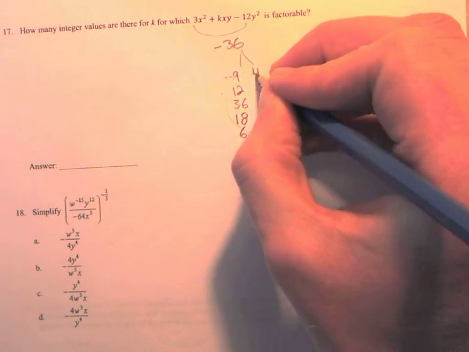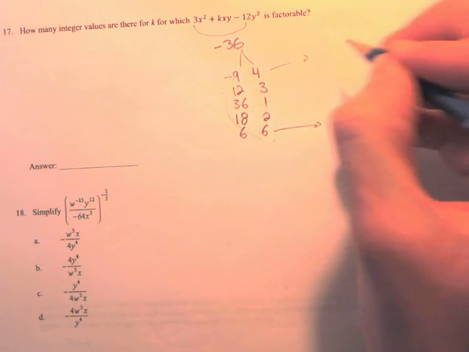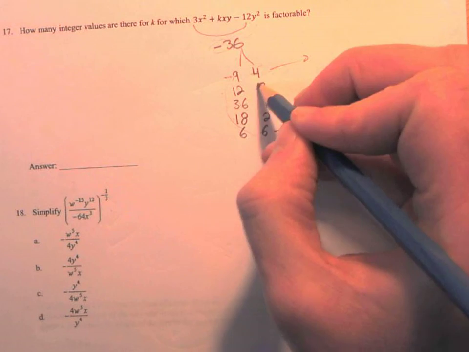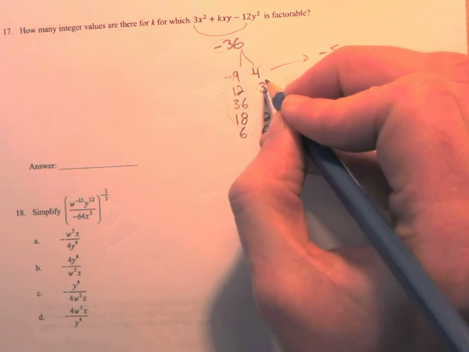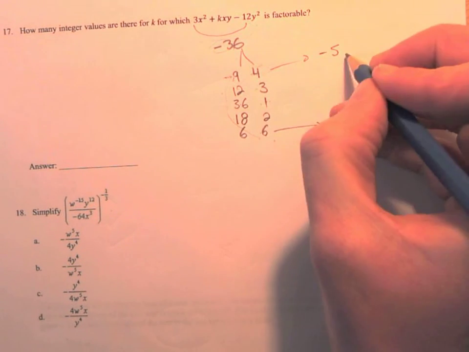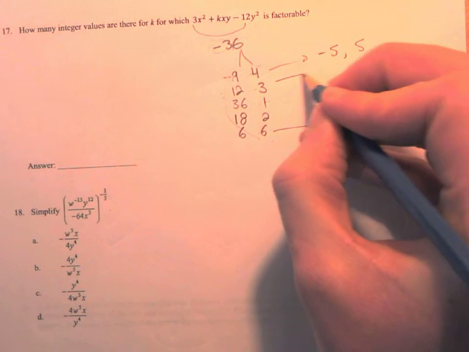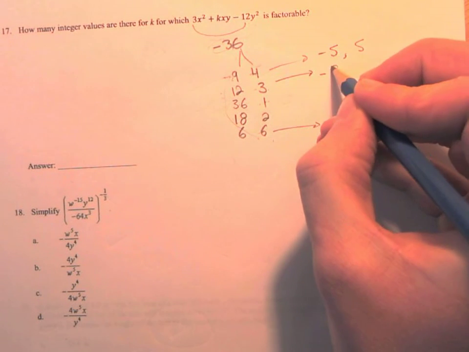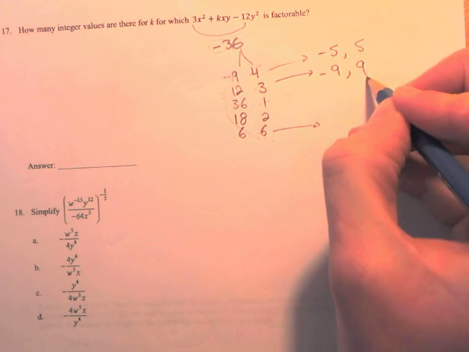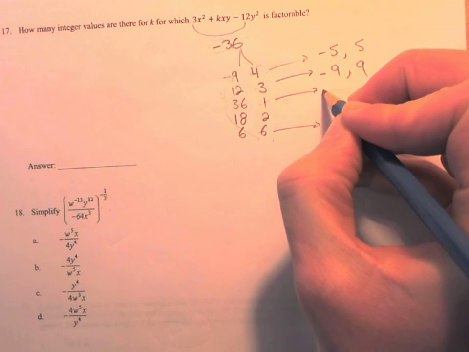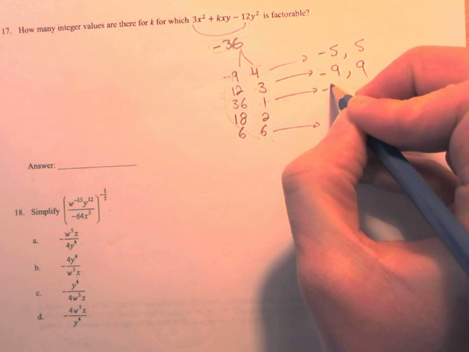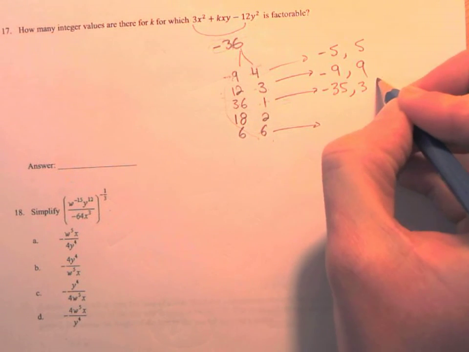So if we have negative 9 and positive 4, that'll give us negative 5. If I have negative 4 and positive 9, that'll give me positive 5. If I do negative 12 and positive 3, that'll give us negative 9 or positive 9. This here will give us negative 35 or positive 35.